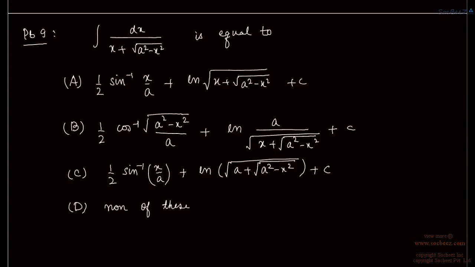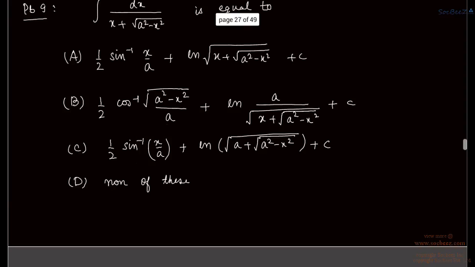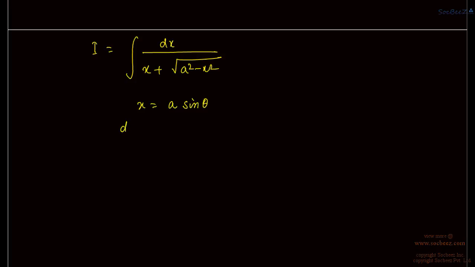We have the integral 1 upon x plus root under a square minus x square. So let us denote it by I. I is equal to the integral of dx upon x plus under root a square minus x square. Okay. So if we substitute x is equal to a sin theta, then we will get dx is equal to a cos theta d theta.